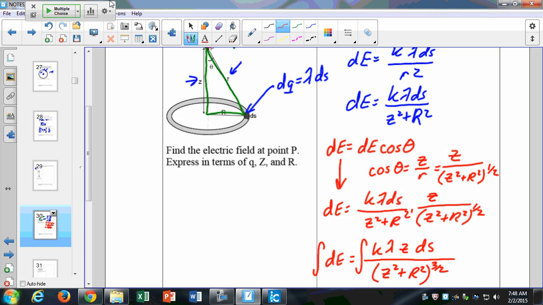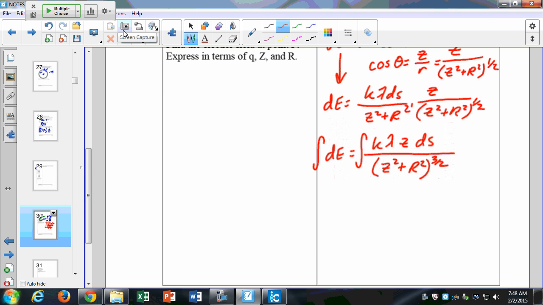Alright, so I pull out everything, and the integral of dE is E. That's what we're looking for. K lambda z over z squared plus r squared to the 3 halves, and then the integral of ds. And I'm going from 0 to, is it 2 pi big R or 2 pi little r? Yeah, 2 pi big R. That's the radius of my ring.